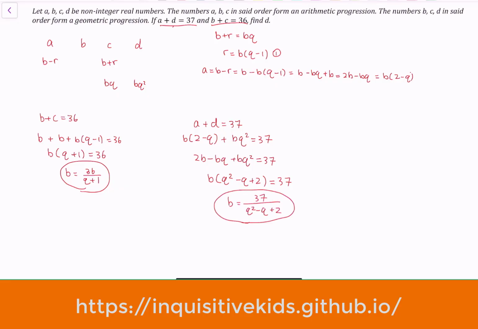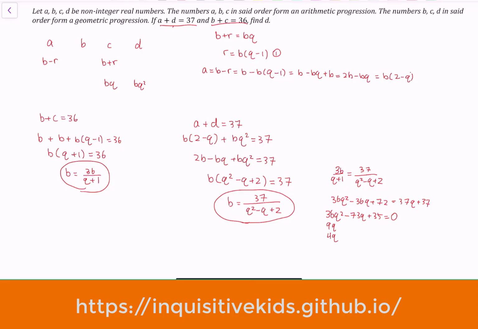Now we have two equations both expressing the same thing, b. We can combine them. 36 over (q plus 1) is equal to 37 over (q squared minus q plus 2). Let's move all the terms to the left side. We can factor this. 36 q squared is equal to 9q times 4q.